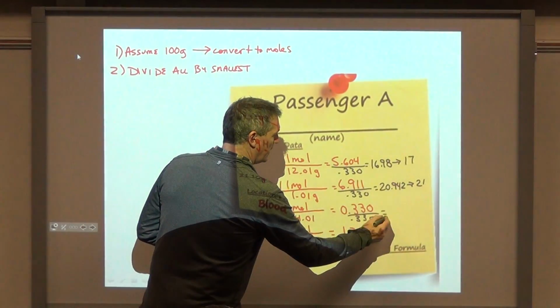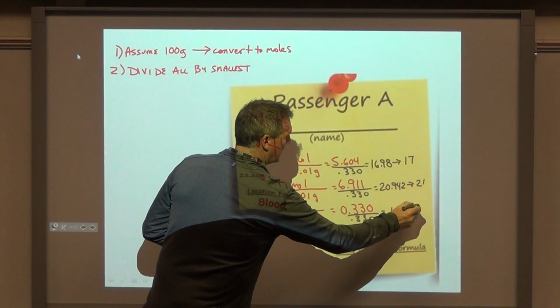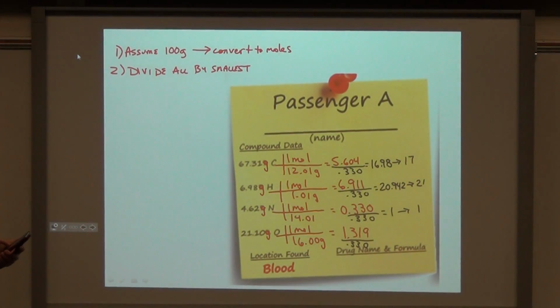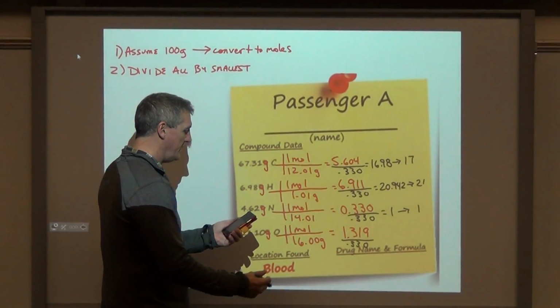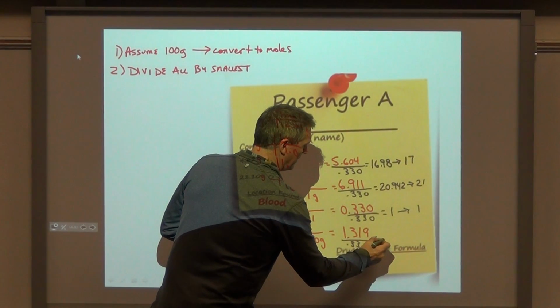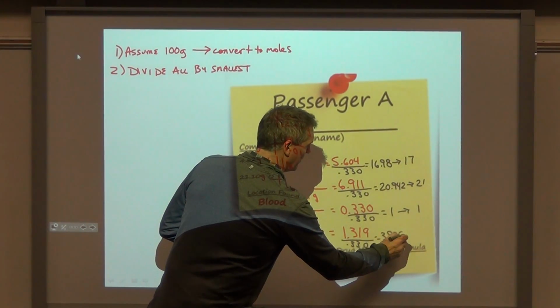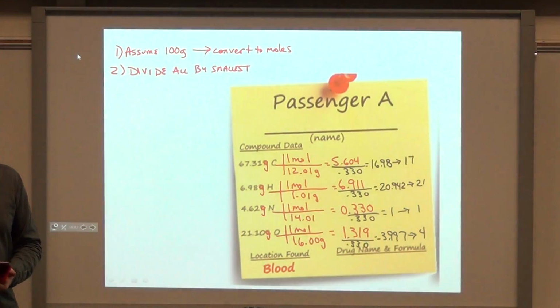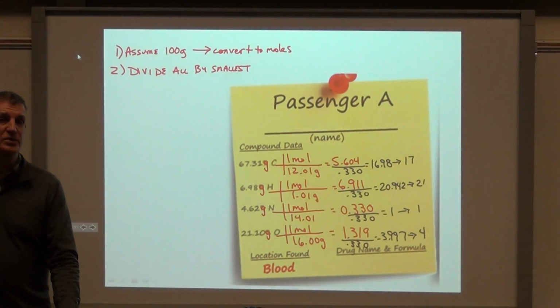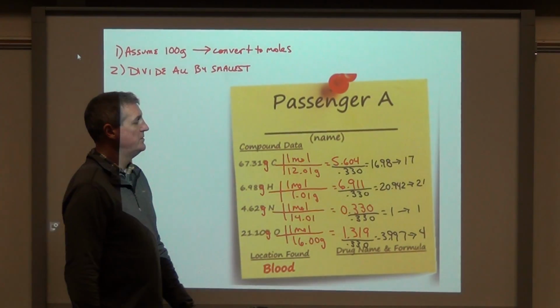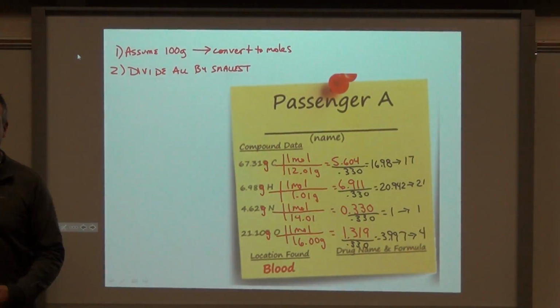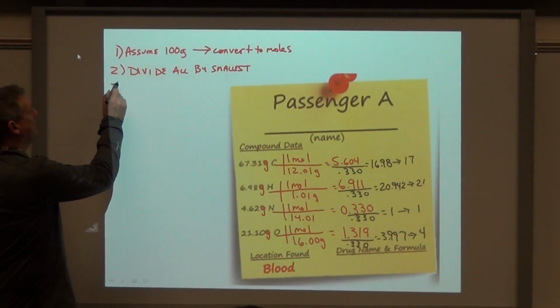This one I got in my head, 1. And lastly, 1.319 divided by 0.33 is 3.997. So that's 4. Those are all whole numbers already. So we don't have to come up with something to multiply them all by to get them as whole numbers. That would be step 3.